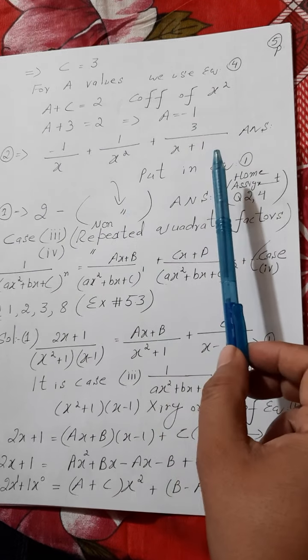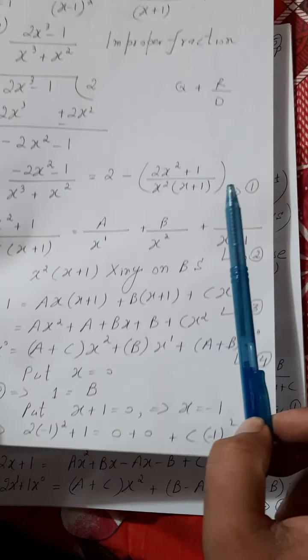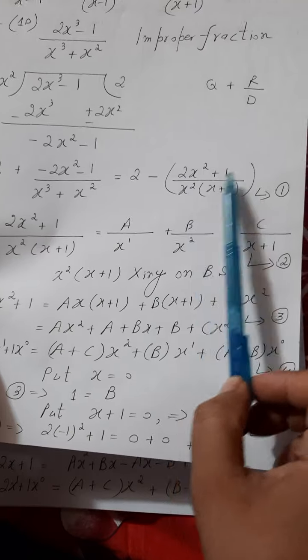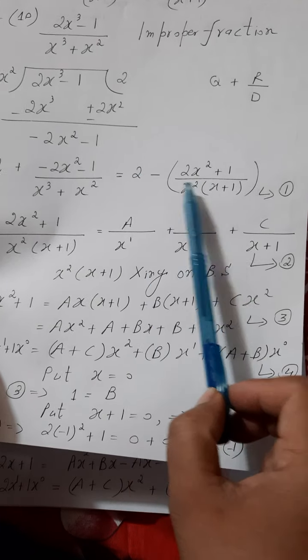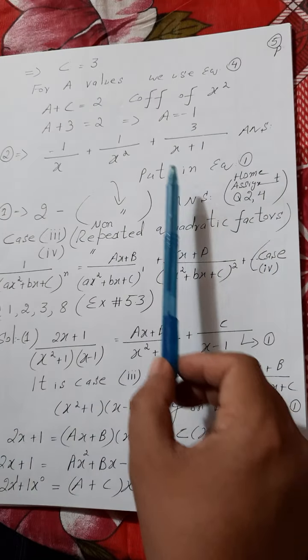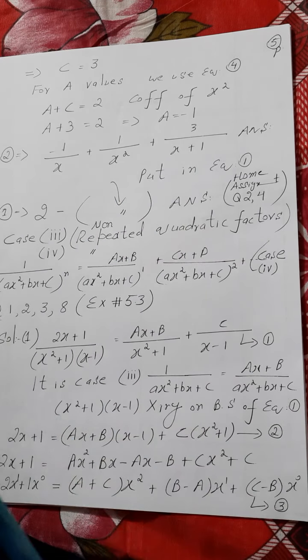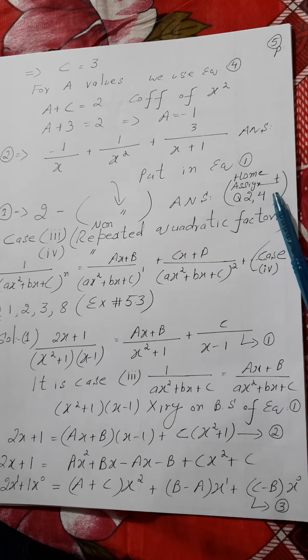All these results are put in equation number 1, where 2 stays as it is and the rest is replaced by these values. This is the answer, and questions number 2 and 4 are the home assignment.